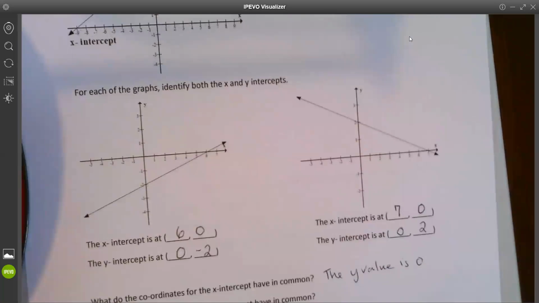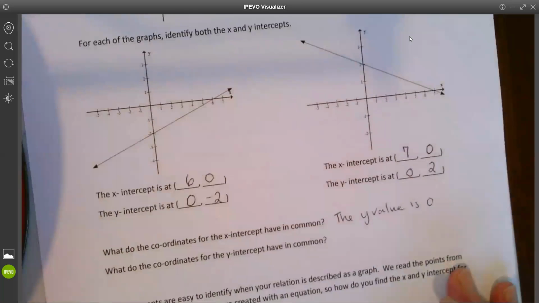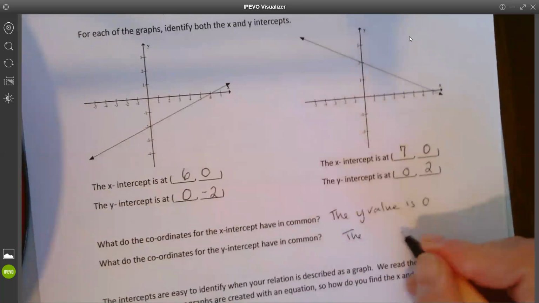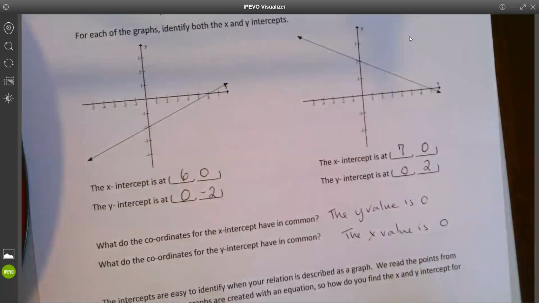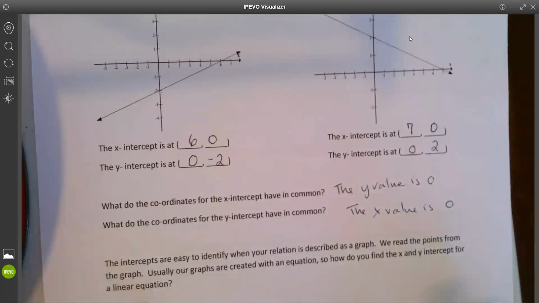And similarly, if you look at the y-intercepts, each of the three coordinates that we've plotted has something in common. That is that the x value is 0. So that is the key piece that we need to take away. When you have an x and y intercept, one of the coordinates is going to equal 0.